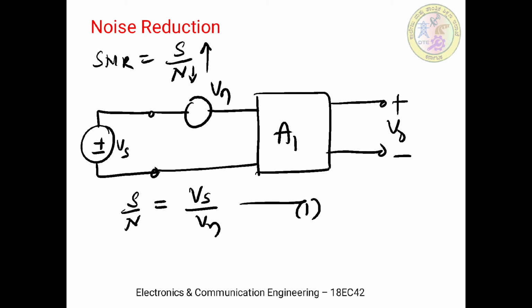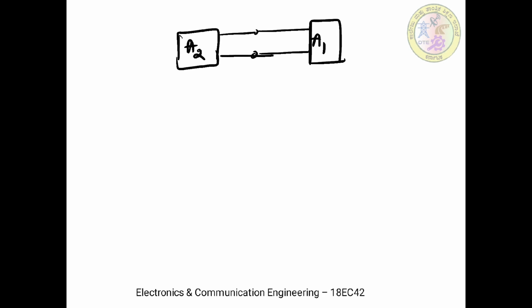Now if we assume that another amplifier stage A2 is introduced, which is not suffering from any kind of noise, we can redraw the block diagram like this. Here another block A2 is introduced, which is free from any noise interference, and this A1 block is just similar to the previous diagram, and here we observe V0. But now in between A2 and A1, we have to introduce the noise source Vn.